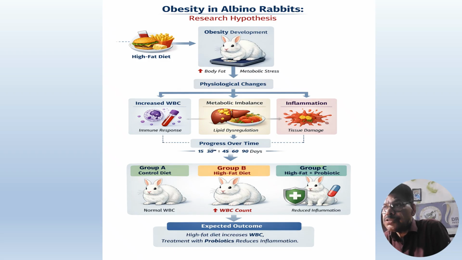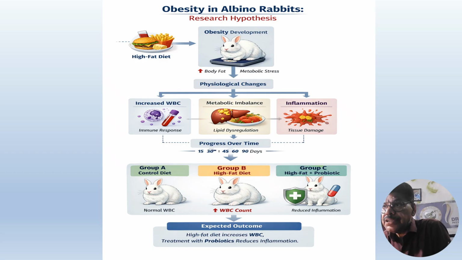Over 90 days, group A was given the control diet, and the RBC and WBC were normal, while group B had a high fat diet, which increases the WBC, and the high fat diet with probiotics may reduce the inflammation.